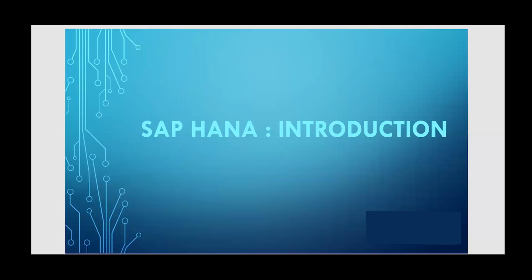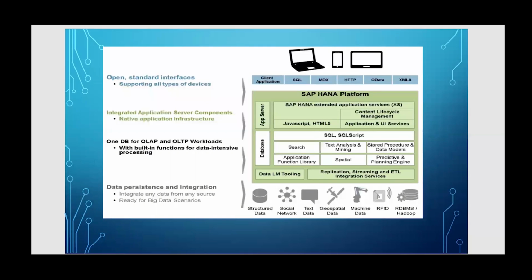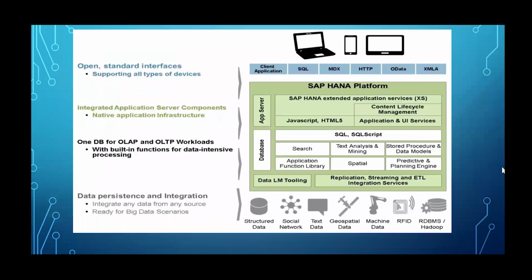Now at this point of time, I would like to show you a slide where I have to make sure you understand that HANA is not only a DB for you. HANA is not just a database that performs the storage and data retrieval activities. It performs more than that.